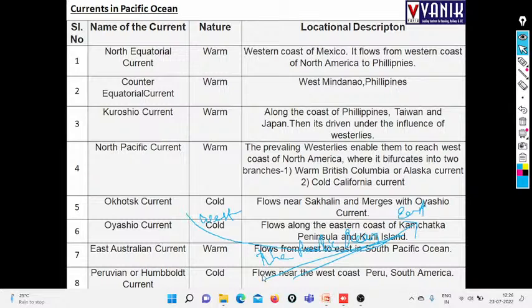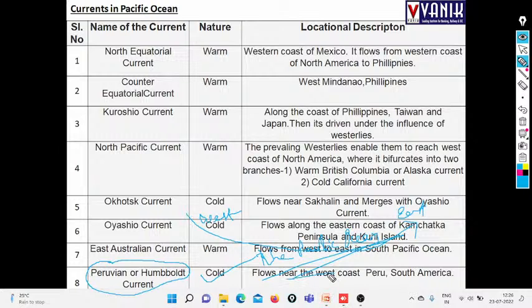Then the Peruvian or the Humboldt current. How do you define this one? The Peruvian or Humboldt current by nature is a cold current.